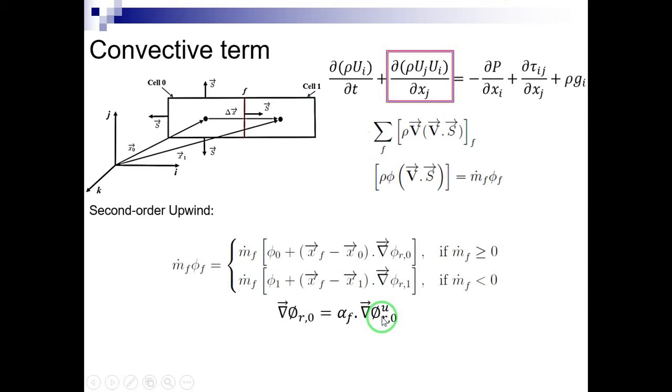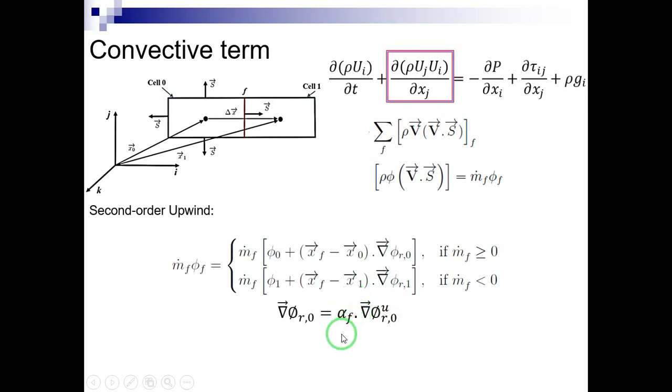So we will use a factor alpha f as shown here. This alpha f is in fact a factor which is used to limit the value of the reconstruction gradients. However, how can we define alpha f?